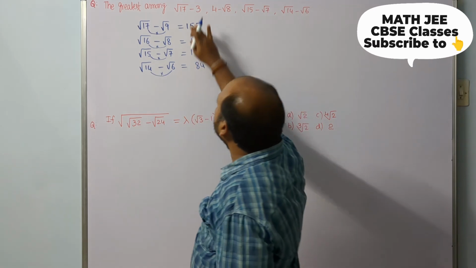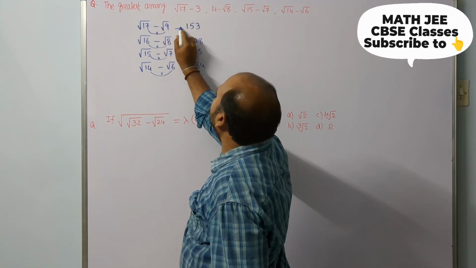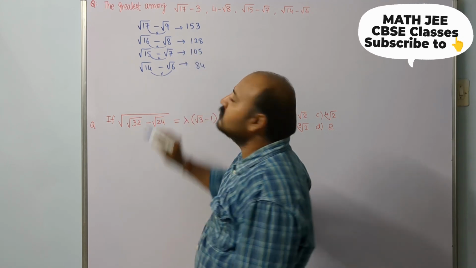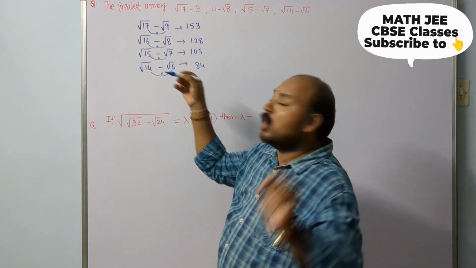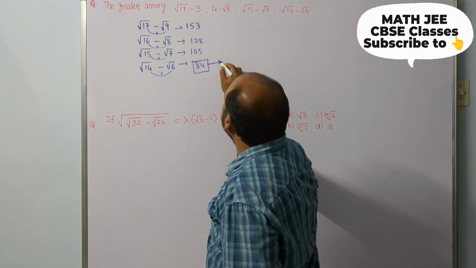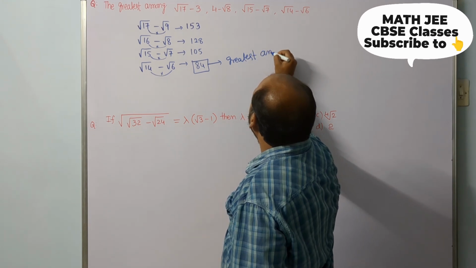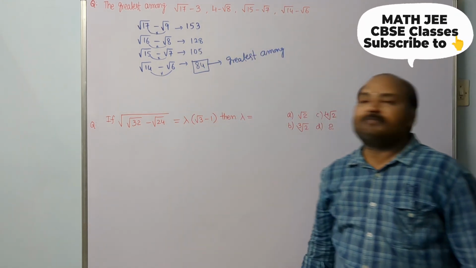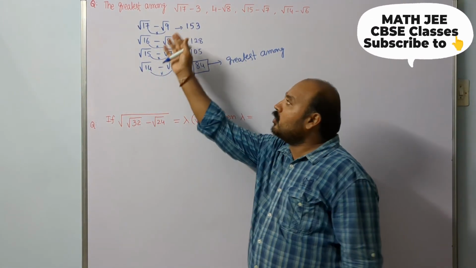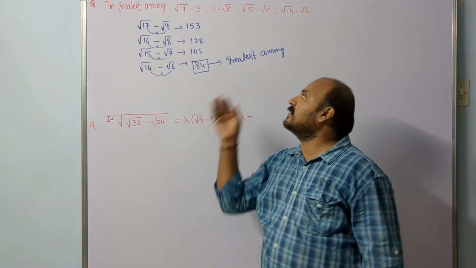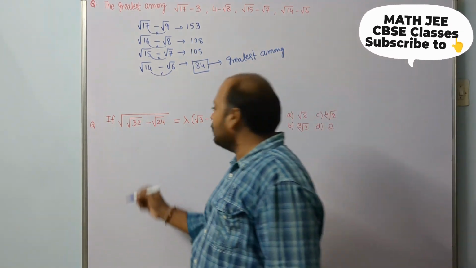Now, among these values, which one is small? This one is greatest among that. So whenever the difference of the surds is there, find out the product; which one is less, that is called the greatest among the given. Now come to another question.